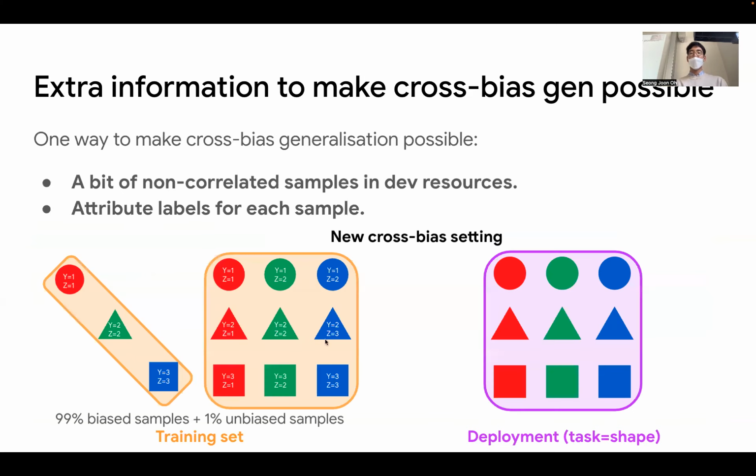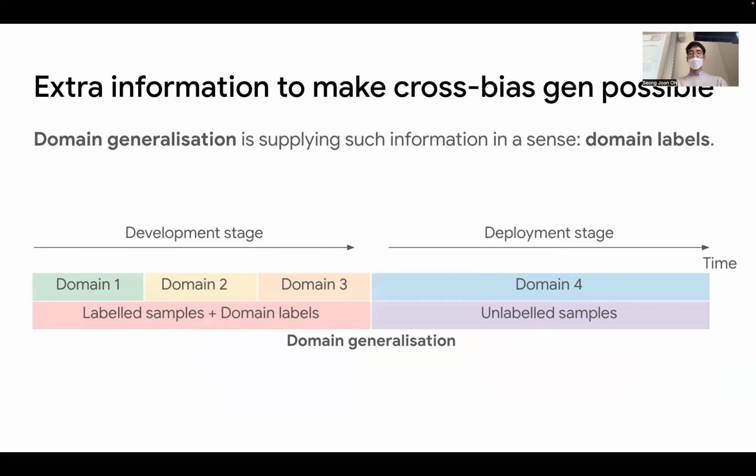We can do something similar here as well: introduce this development on biased samples into new observations that you're going to see at deployment time, and based on that, adapt your model to the new situation.